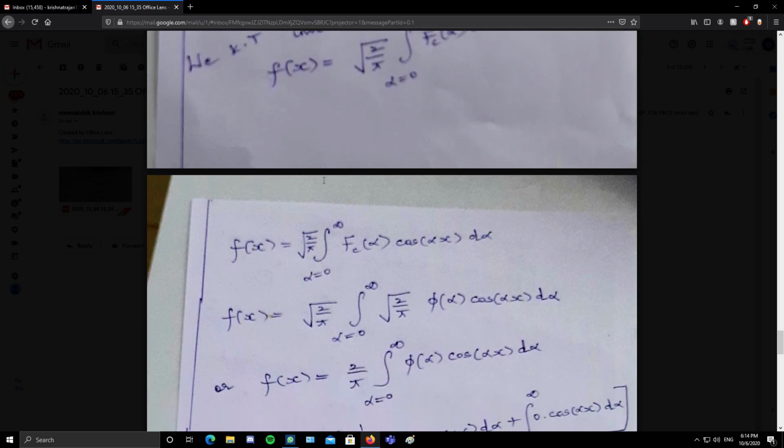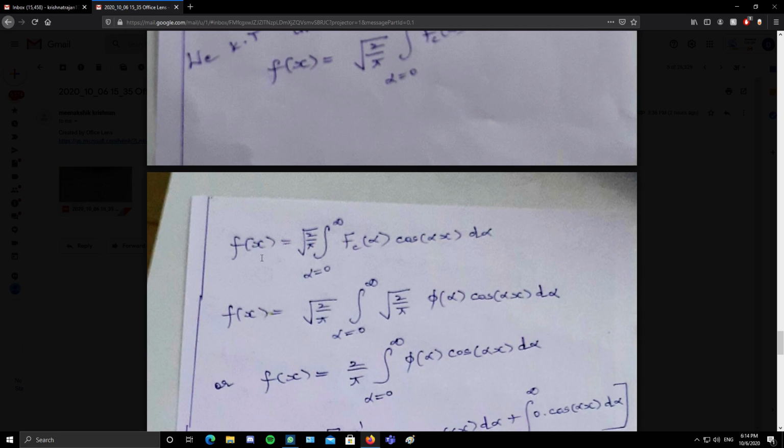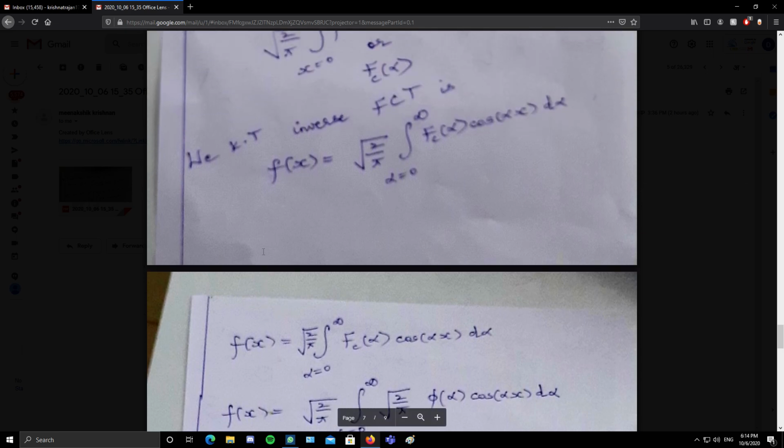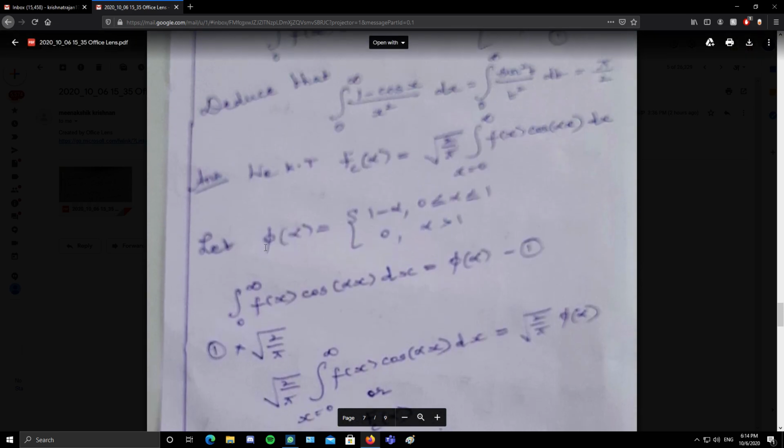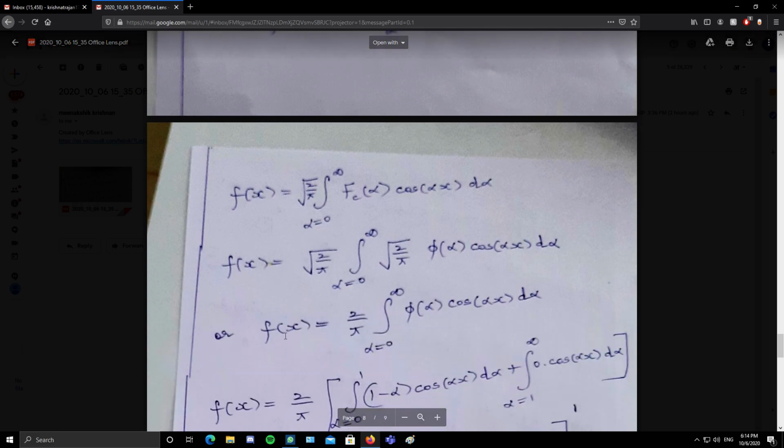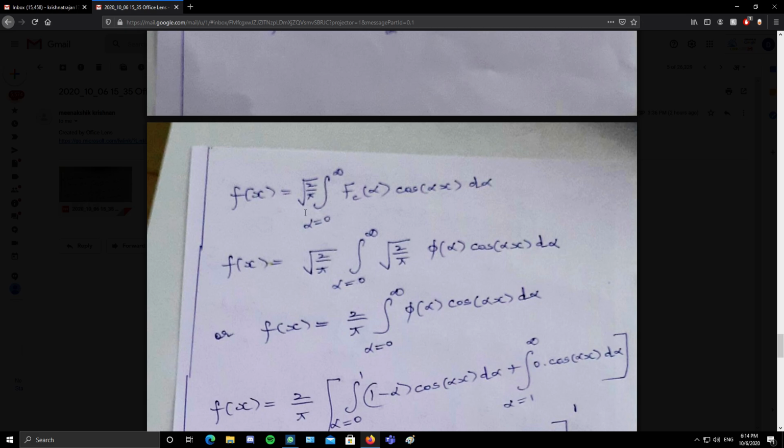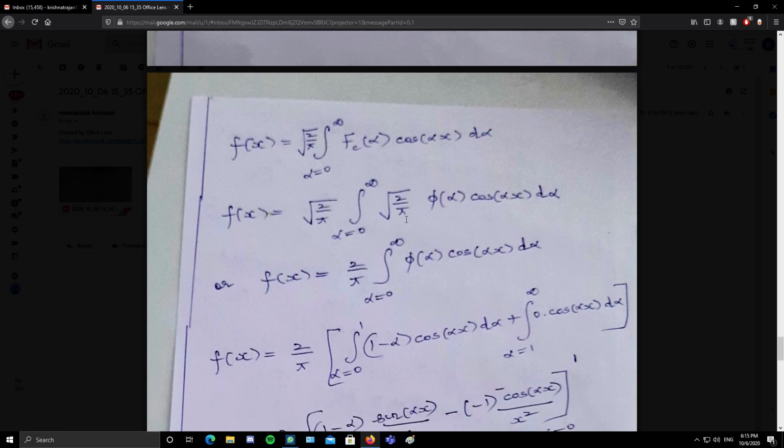Now get back to the definition of inverse cosine transform. I told you, whenever you are out to deduce, evaluate, show or prove something, start with the definition of inverse transform. Since we talk about cosine transform, we use the inverse cosine transform. What is the definition? f of x equals root of 2 by pi integral alpha equals 0 to infinity Fc of alpha cos alpha x d alpha.